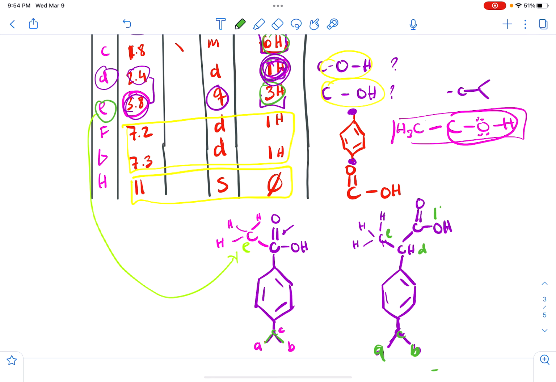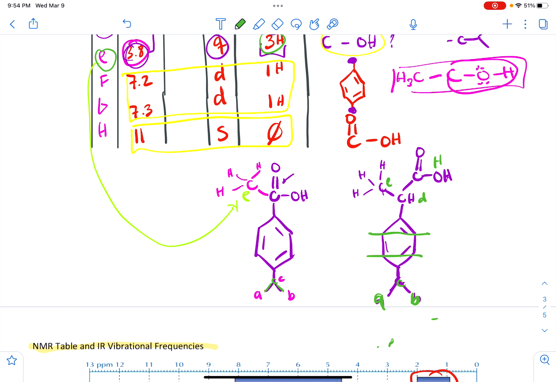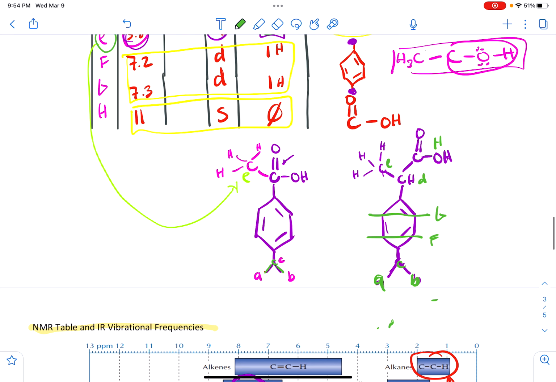The carboxylic acid is H, and then the benzene regions are going to be F, which is going to be right here, and then G, because F is going to be down here because it's at 7.2, whereas the G is slightly more downfield at 7.3, and so that's why that is like that.